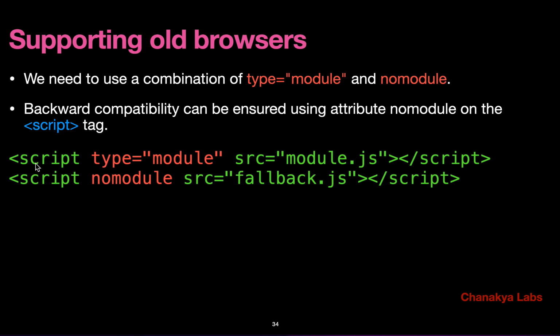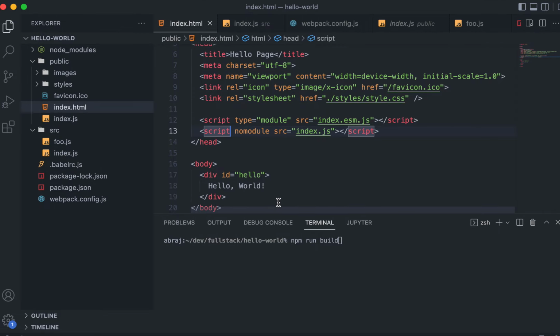And that is how we achieve the functionality that we will have two such bundles, and the modern browsers will run this bundle, not that bundle, and older browsers will run the second bundle, not the first bundle. Okay, so that should be fine.